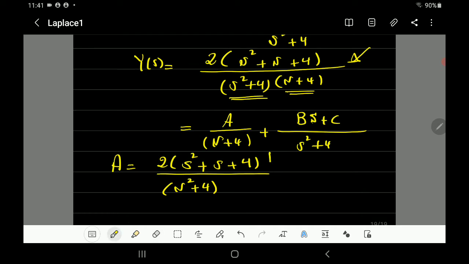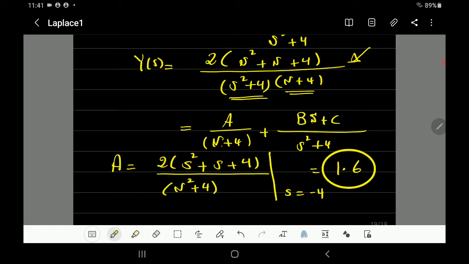Then you substitute s equal to minus 4. Why? Because s plus 4 equals 0 when s equals minus 4. Find the value, and you'll find a is equal to 1.6.